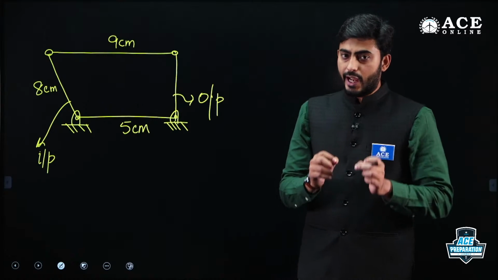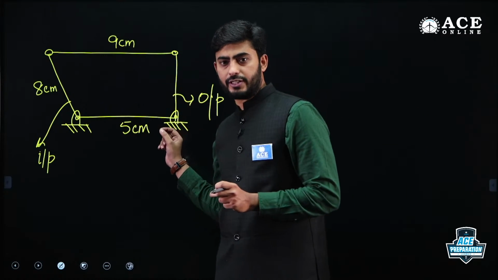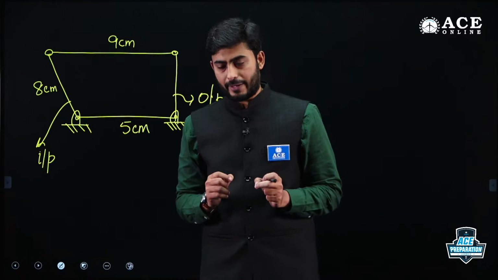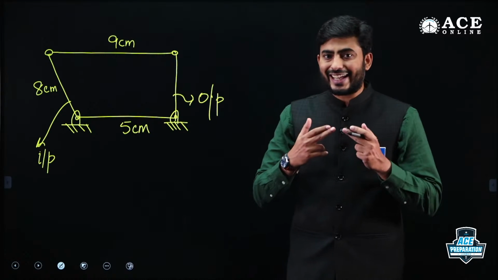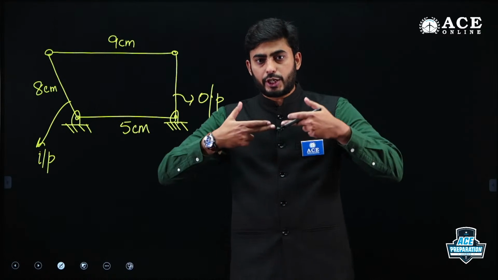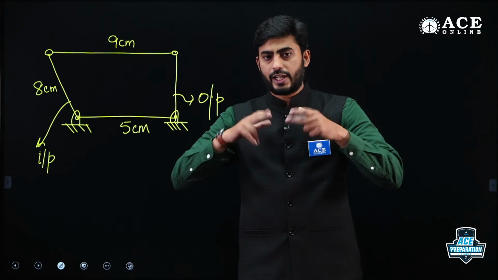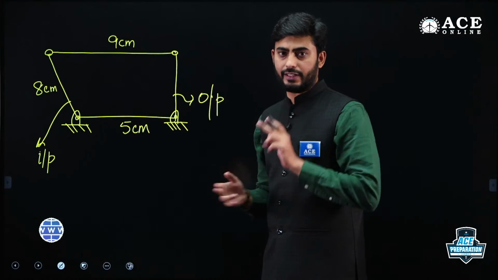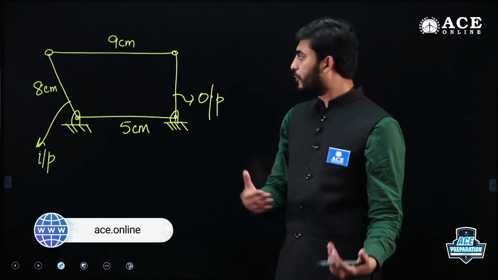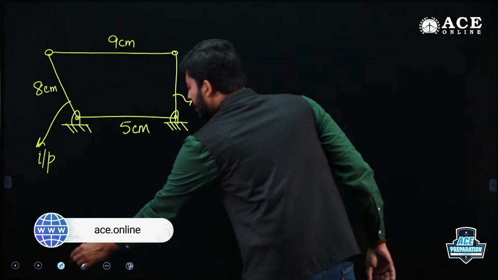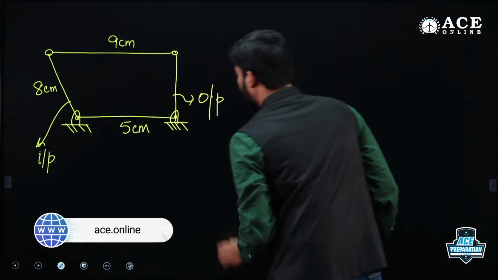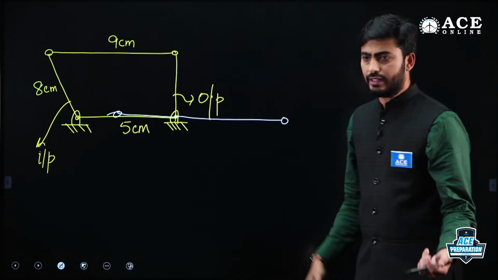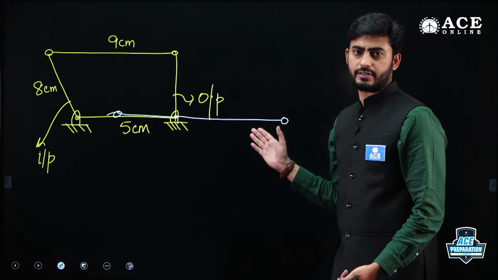I repeat, in the case of the crank rocker mechanism we determined these extreme positions by making the crank and the coupler link collinear, but that technique we are not applying here. The extreme position is when the output link takes up this orientation or this orientation. These two will be the extreme positions.